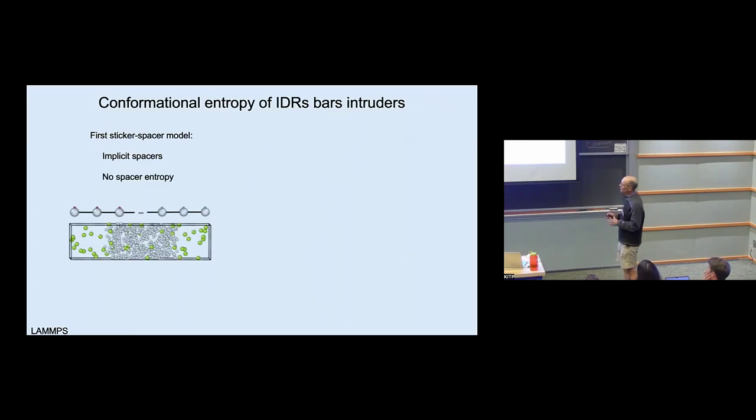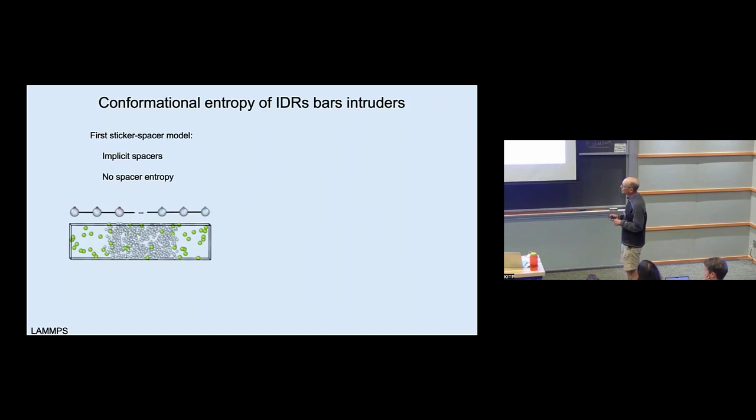They will phase separate, but the regions in between are purely virtual. There's just a spring. It has no excluded volume. It does really nothing at all. So these implicit spacers have no entropy because they're not real.